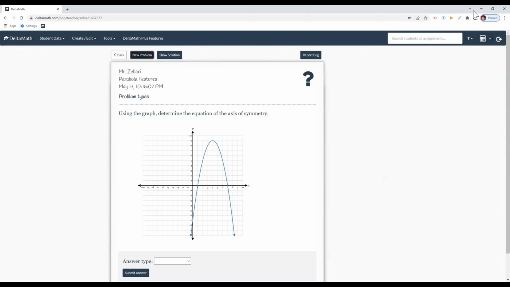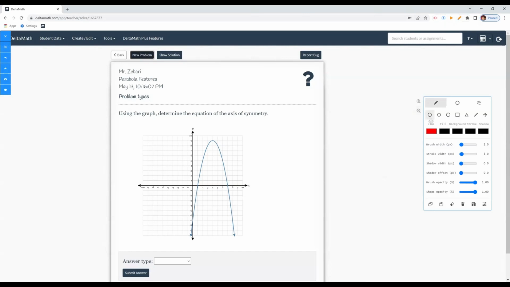Alrighty, let's solve this. The axis of symmetry is the middle of the parabola. If we start at the x-intercepts, that's when the parabola intersects the x-axis, that's going to be 1 and 7. That's not the middle. 2 and 6, they're not the middle. 3 and 5 are not the middle. Oh, guess what's the middle? 4.